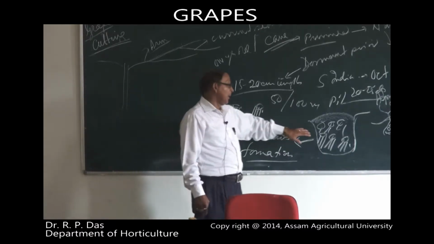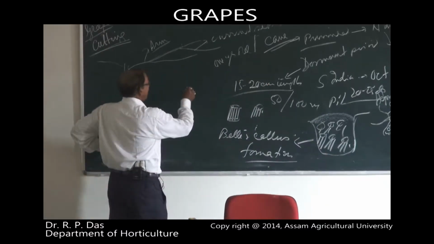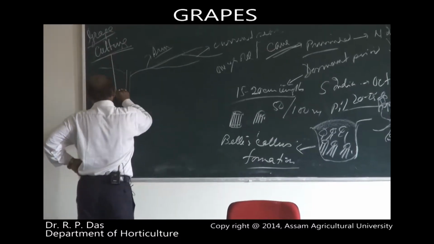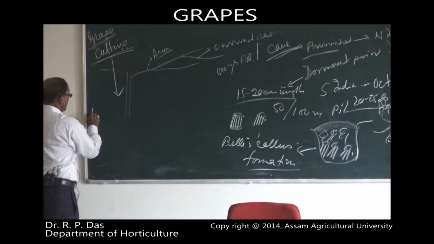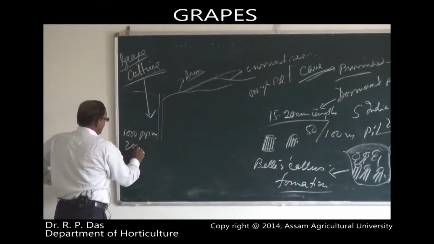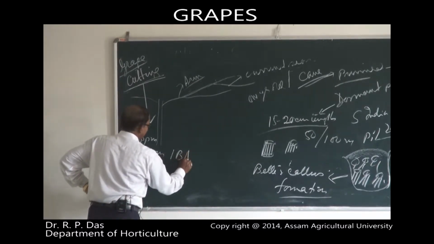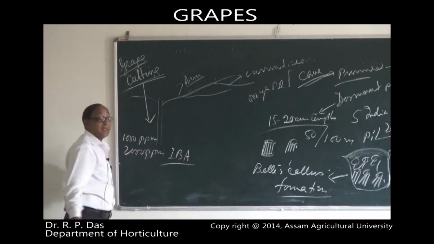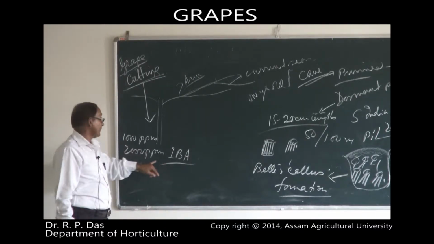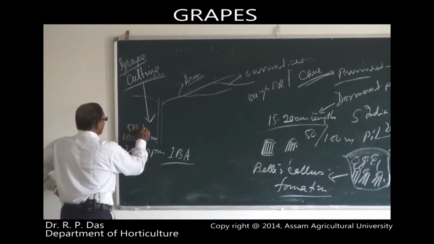Sometimes for better root formation, the cuttings are treated with 1000 ppm or 2000 ppm indole butyric acid, IBA solution, and in some cases it may go up to 500 ppm.